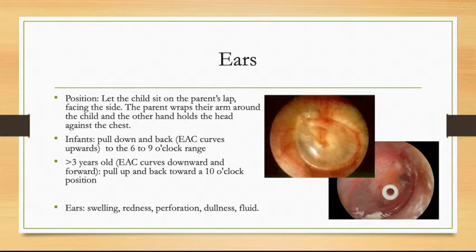And in the ears, you're looking for any swelling, any redness, any perforation, dullness, any fluid. The first picture I have is quite red and bulging. This is otitis media. And in the second one on the right, you can see that a grommet has been inserted.